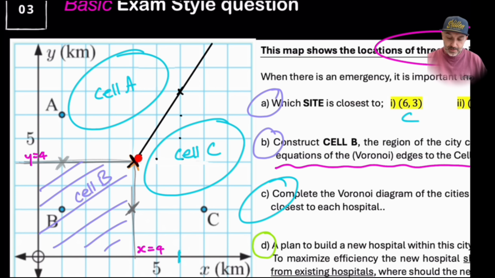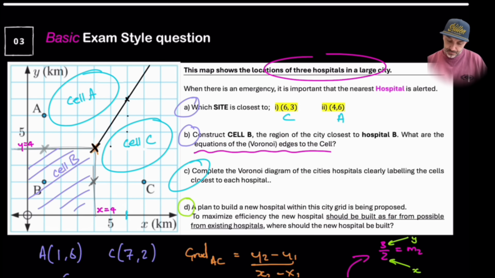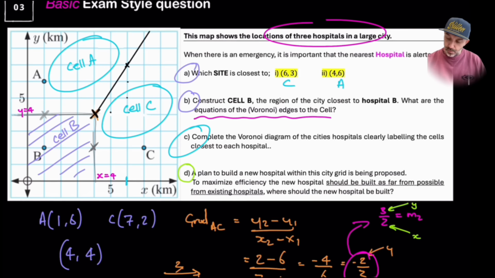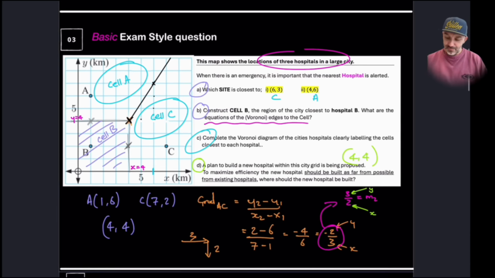So if you place the new hospital here, you're equidistant from A, B and C. So therefore, you've maximized your distance. Anywhere off that vertex, I'm closer to A than I am to the others. So that's not quite right because it's got to be an equal distance from all the other sites. So that would be at coordinate 4, 4. Okay, so everything seems to be happening at that 4, 4. 4, 4 is where I'd propose the new hospital.